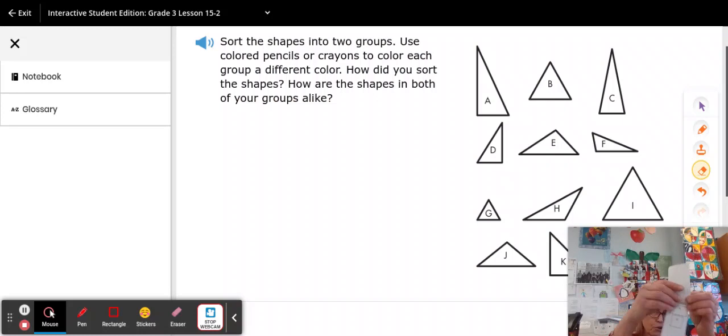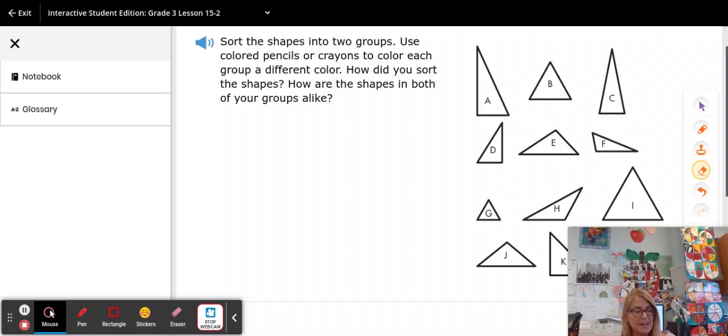So, of course, this is a rectangle and it's a rectangle. But a square is also a rectangle because it has four sides and four right angles, so it meets the criteria for a rectangle. But a rectangle cannot be a square because it doesn't meet the requirement of a square, all sides being equal.